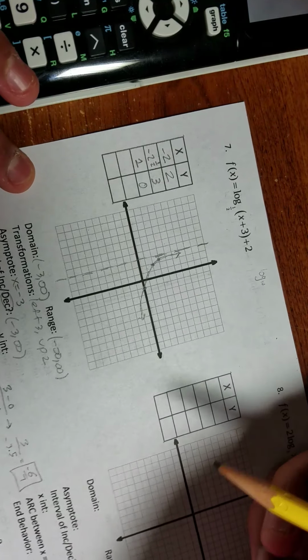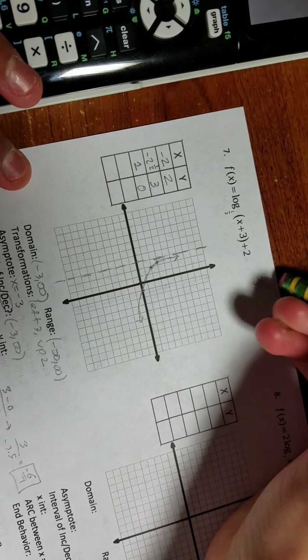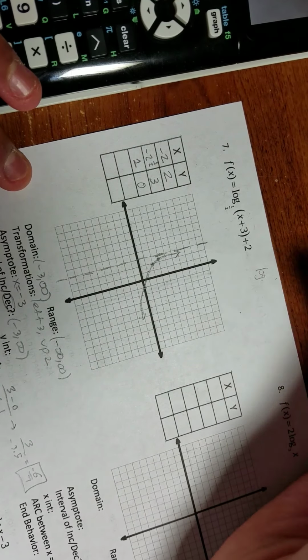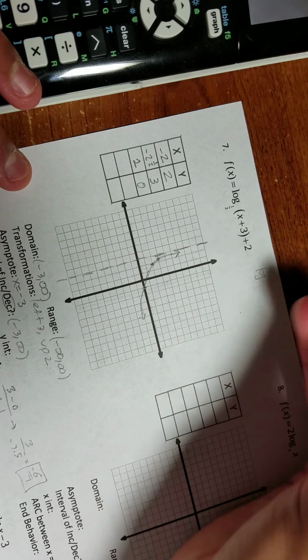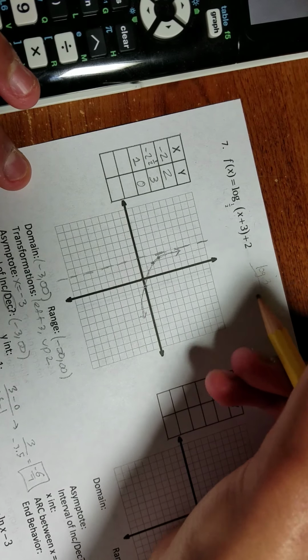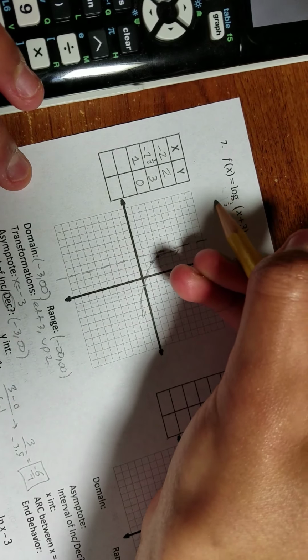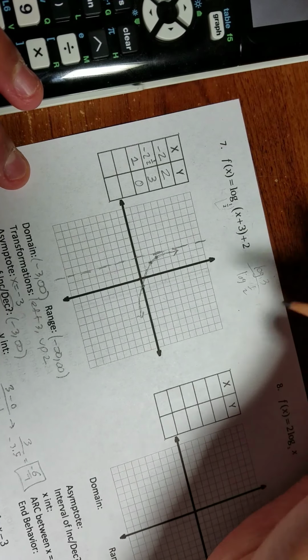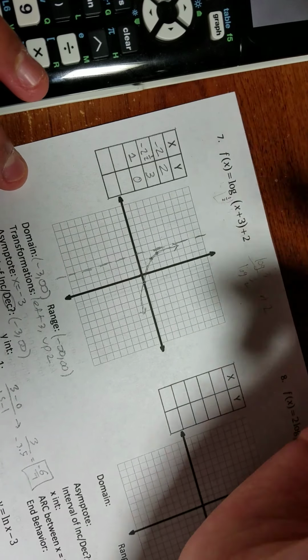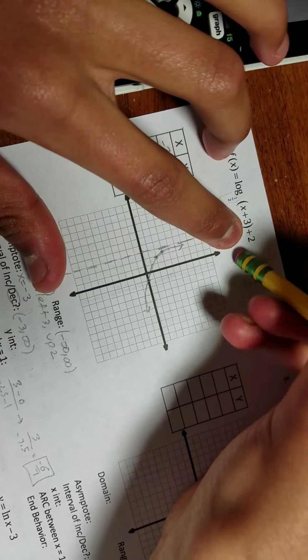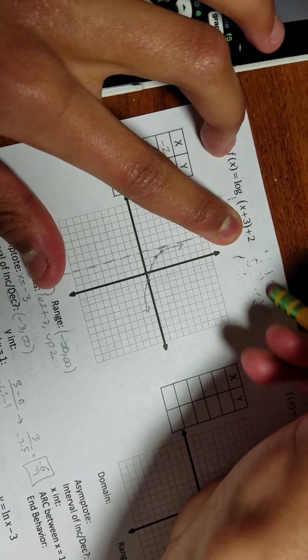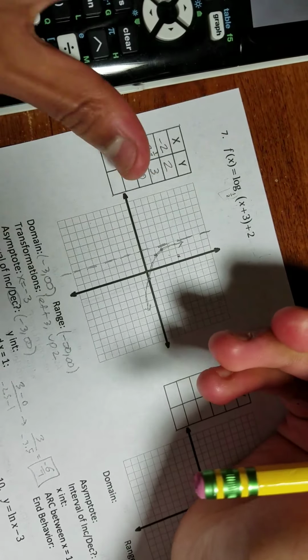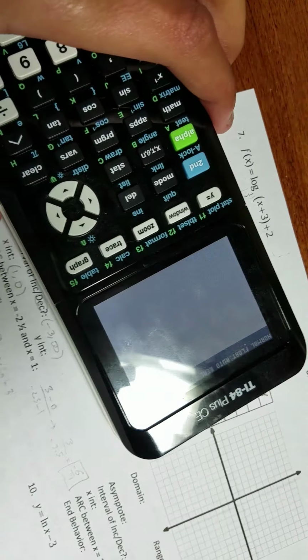I obviously wrote it out, but you don't really need to, that's always your common base for log. So what you do would be log 3 over log of your smaller one, log 1/2. Then you solve that, and then you add the plus 2, so that you can get your final answer to find the y-intercept. So I'm just going to do that in my calculator here. I'm going to show you.